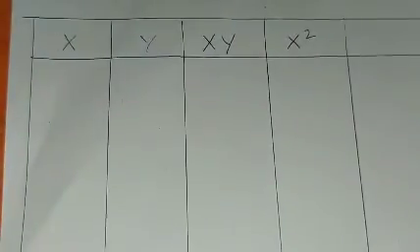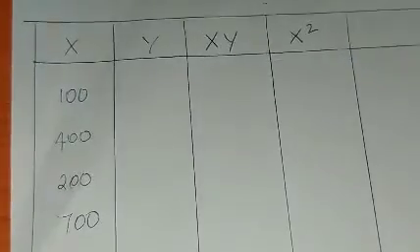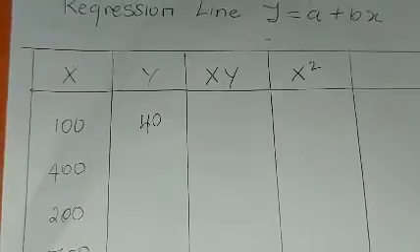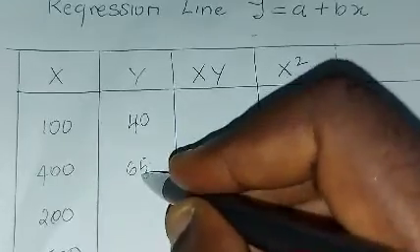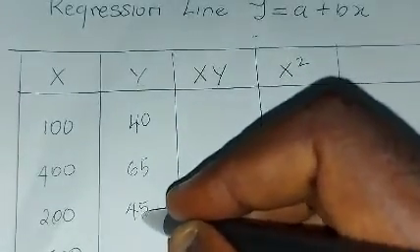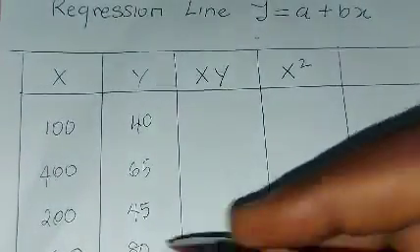So x is the independent variable, y is the dependent variable. Then you list the values of x and the values of y. Let's do that: x is 100, 400, 200, 700, and so on, and y is 40, 65, 45, 80.